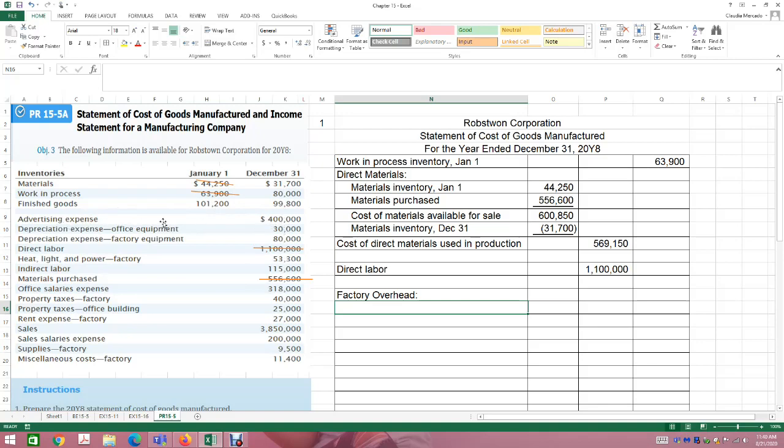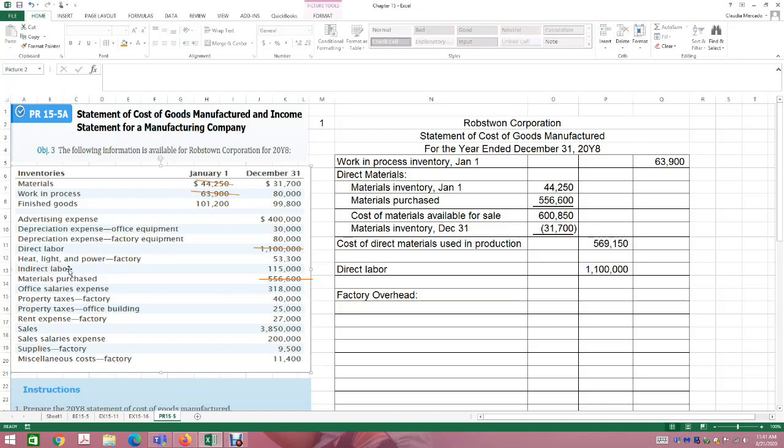Advertising expense has nothing to do with the factory. Depreciation office equipment has nothing to do with the factory. We have depreciation expense factory equipment. That's good, we're going to be using that. But let's look for our biggest dollar amount. The biggest number that I have here is indirect labor.